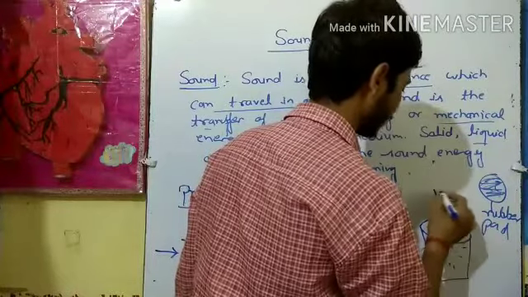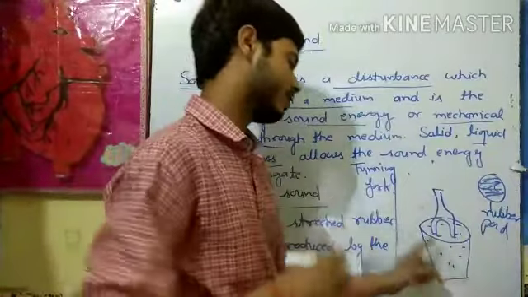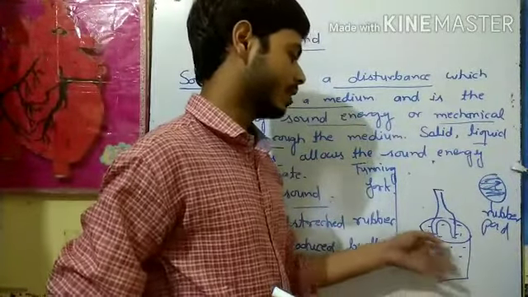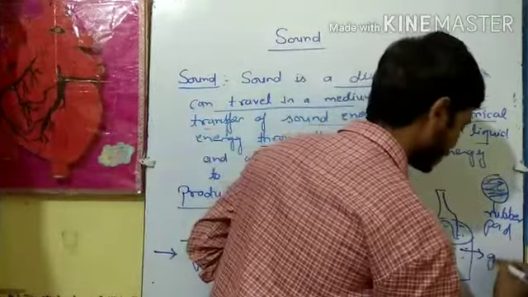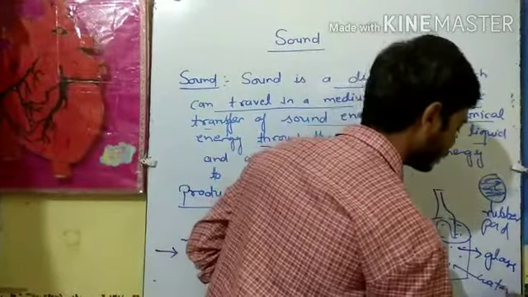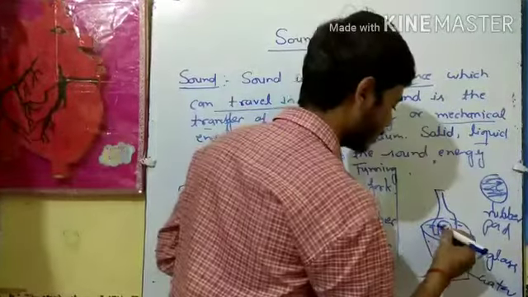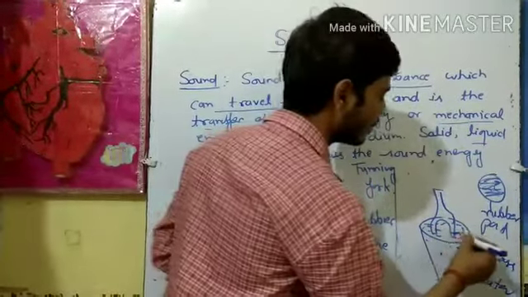When the tuning fork is immersed into the glass filled with water, then some ripples are seen on the upper surface of the water.